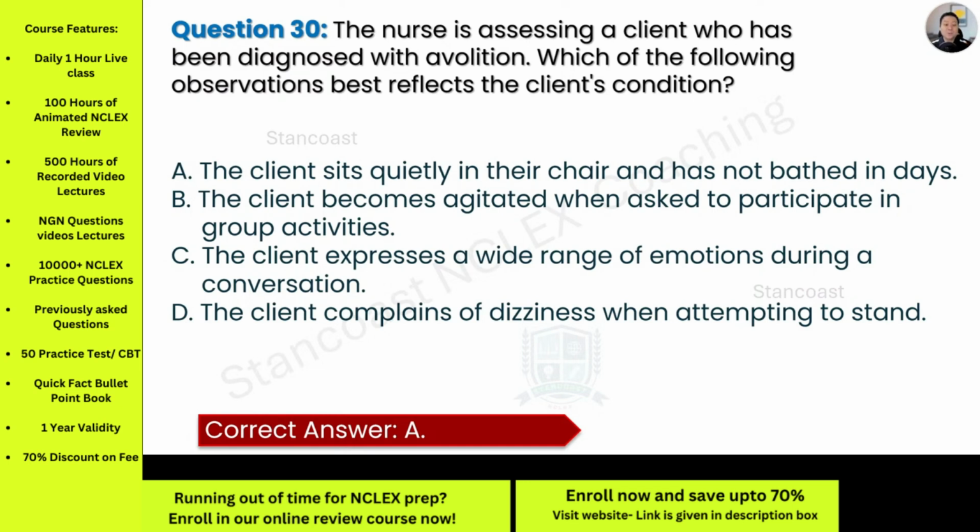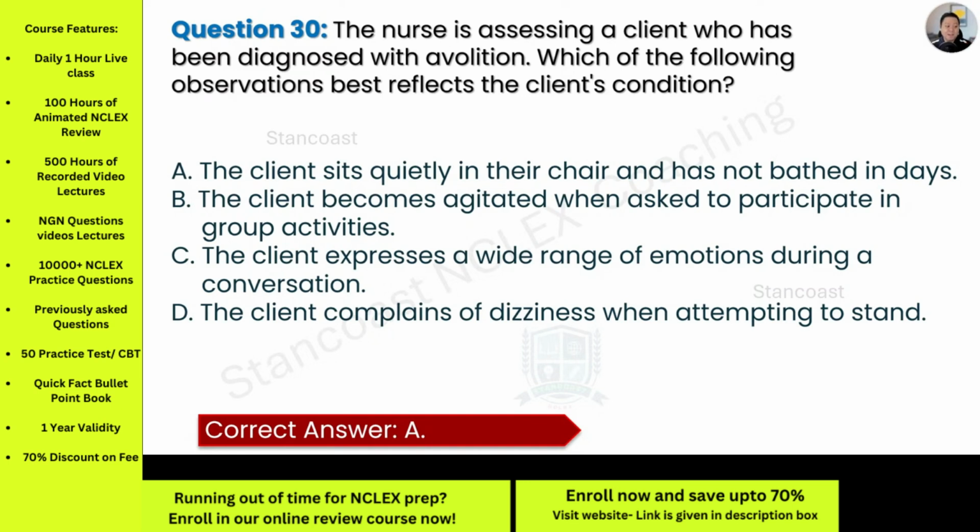Now, the client with avolition may sit passively, avoid social interactions, and also neglect personal hygiene. So in this case, the client sitting quietly without bathing for several days reflects this lack of motivation and disengagement from basic self-care activities, which is a key characteristic of avolition.